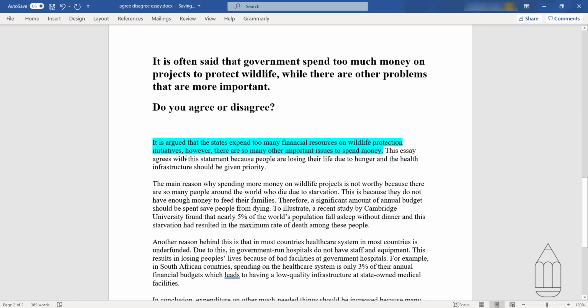Beautiful. So it is argued that states expend too much financial resources on wildlife protection initiatives. However, there are so many other important issues to spend money on. This essay agrees with this statement, because now have a look at this.